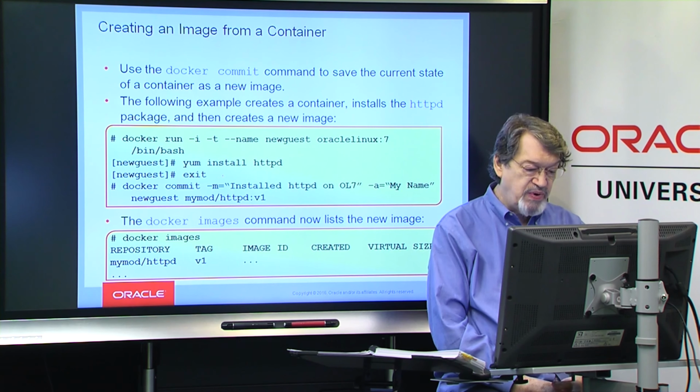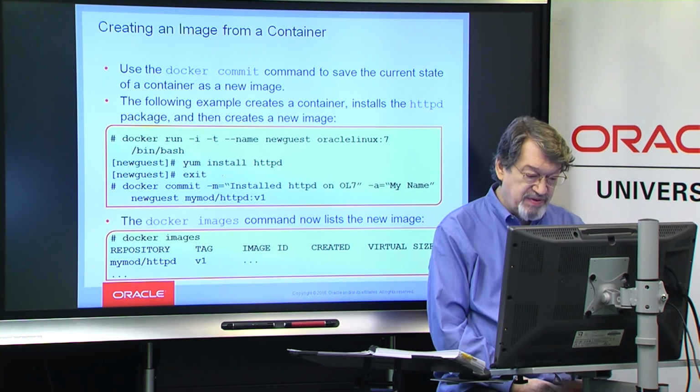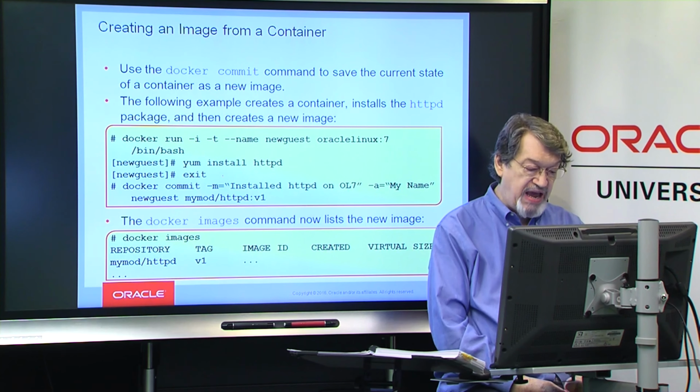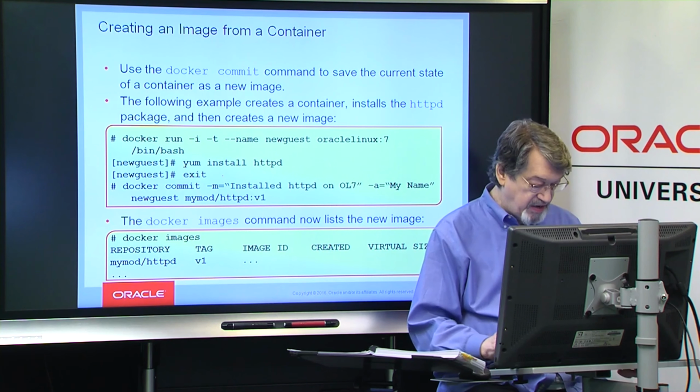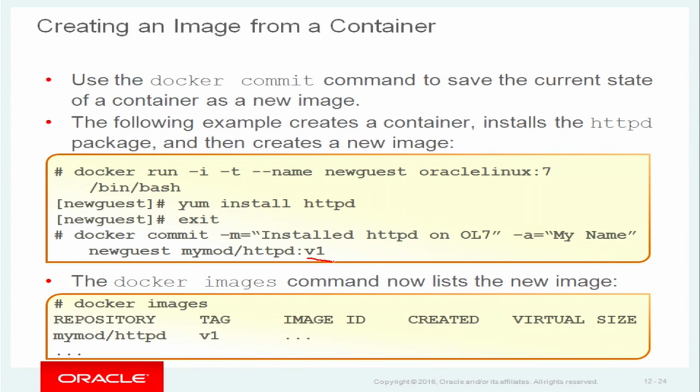And though when we do the Docker images, we now have this column called tag, and that's the colon here. There we go, all right? So that created an image from a container.